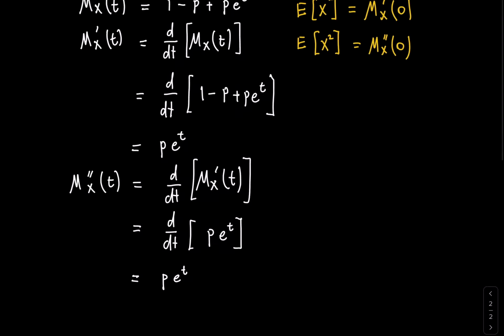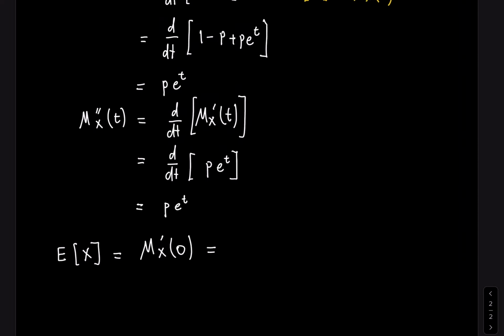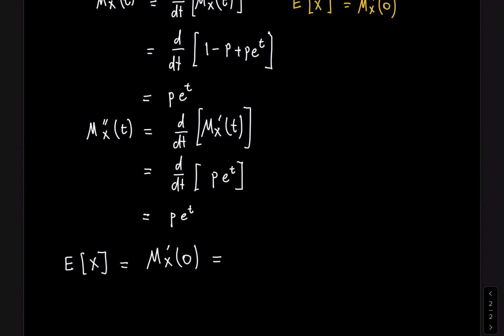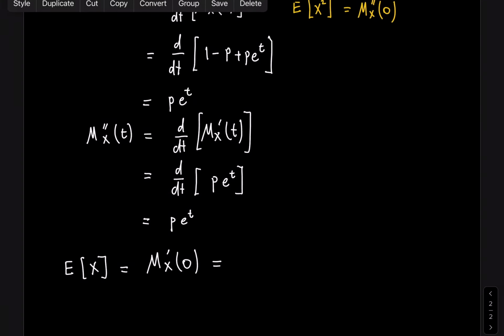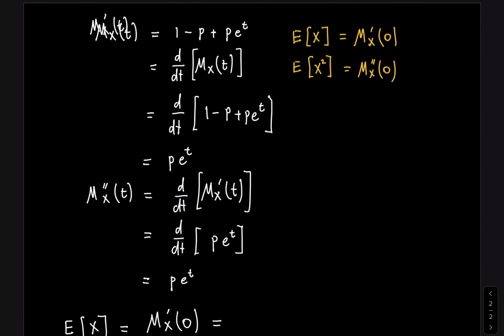So now we can go back to these two definitions here. We can write the expected value of X is equal to M_X'(0). Let me just clean that up for a second.